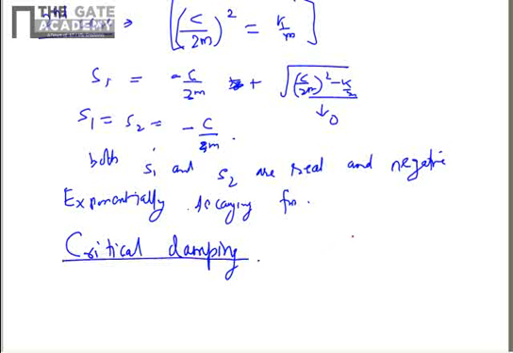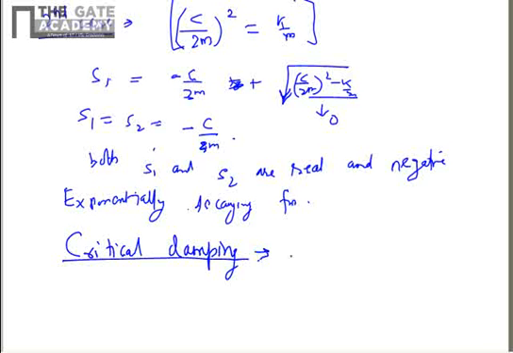Here the expression inside the square root that you see for both the roots becomes 0. Below this value of (C by 2m) whole square, the expression inside the square root will become negative, and then we will start to get oscillation, because the square root of a negative value will be an iota function, and an iota function can be decomposed into sine and cos wave that we will show you next in the third case.